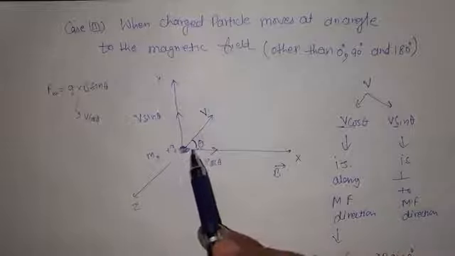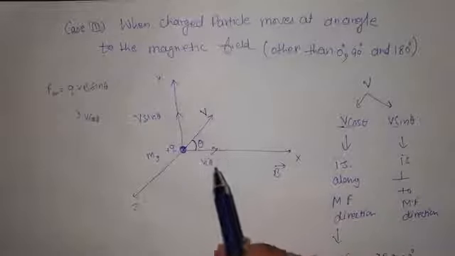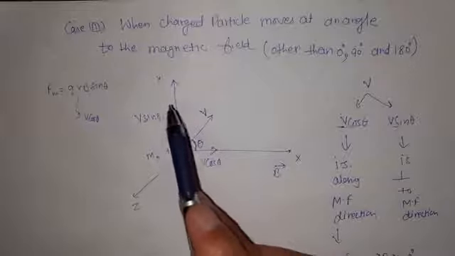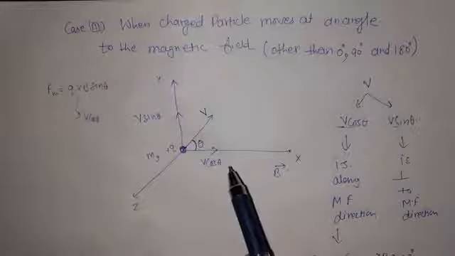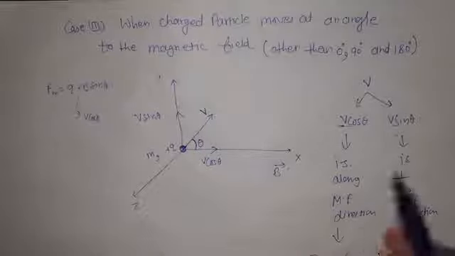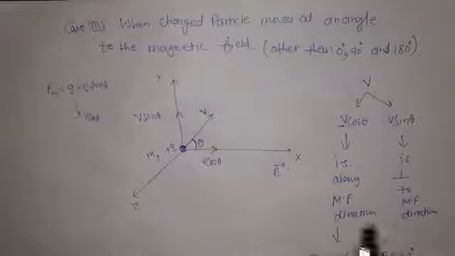Along the base it is the horizontal component v cos theta, while along the vertical axis it is v sin theta. So this v cos theta is along the magnetic field direction, while this v sin theta is perpendicular to the magnetic field direction.